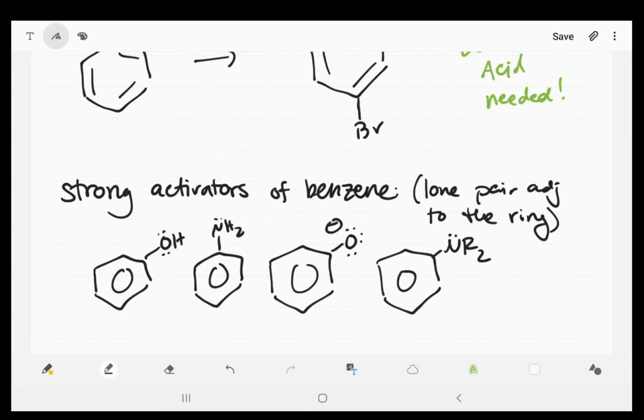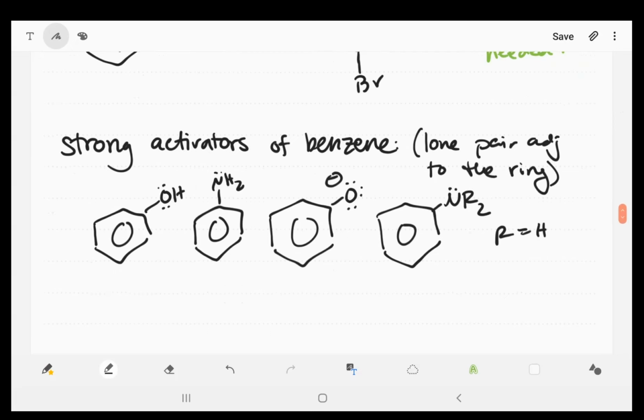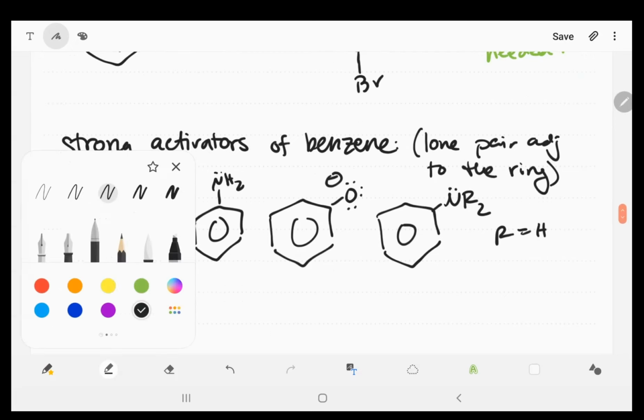We're going to see that because they have those lone pairs adjacent to the ring, they can donate that electron density in, and we're going to end up having strong activation. R can be H for these as well, for the amine there. Generally speaking, your amine is the strongest.